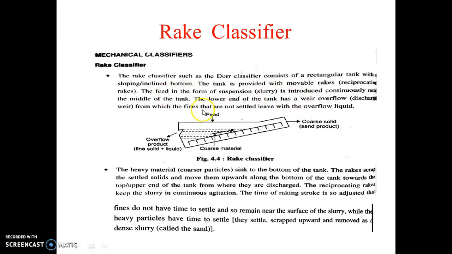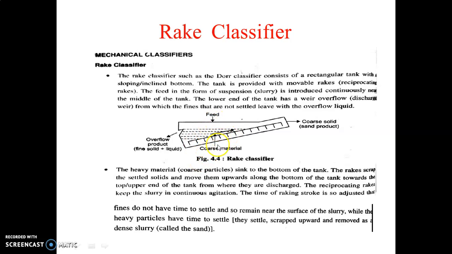The feed, that is slurry, is fed from this point, at the middle of the tank, and the lower end has a weir overflow. That means some provision is made for removing the fine material, the very small material which has not settled in this tank.